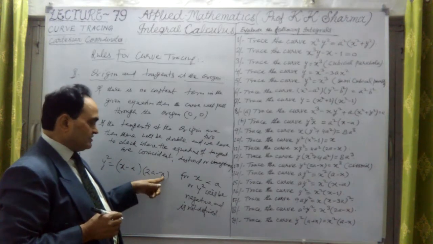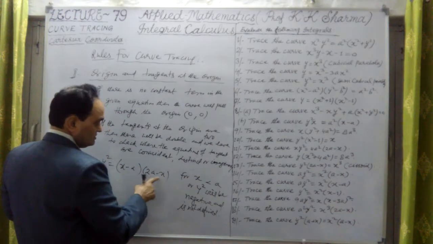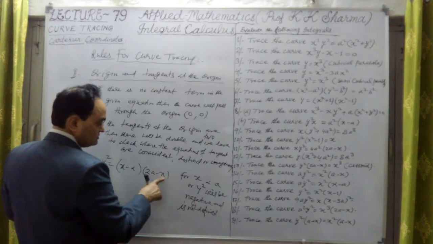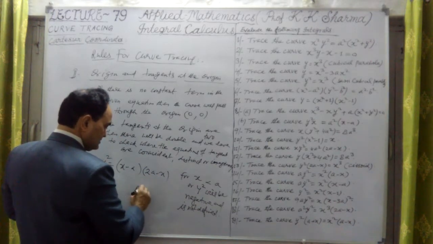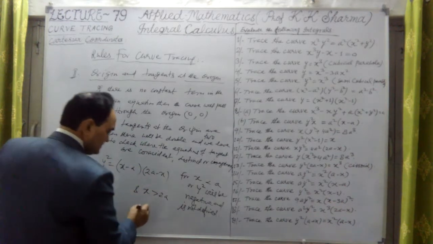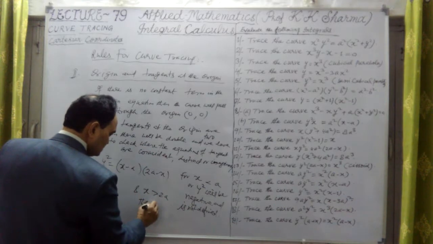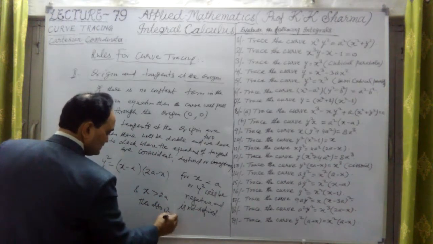And if x is greater than 2a, in this case, if x is greater than 2a, that means the negative value is more than 2a, then also y square is negative.